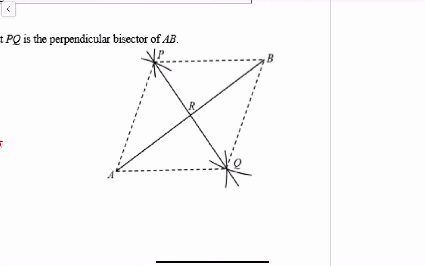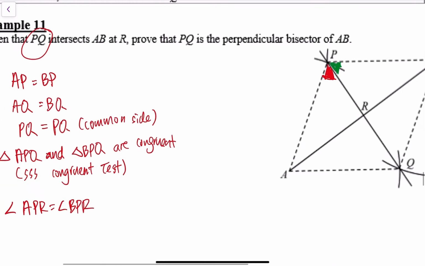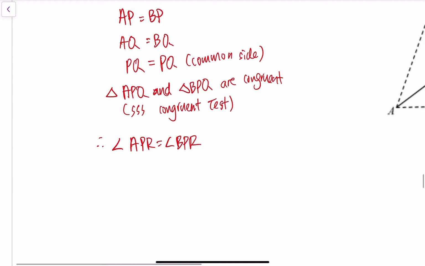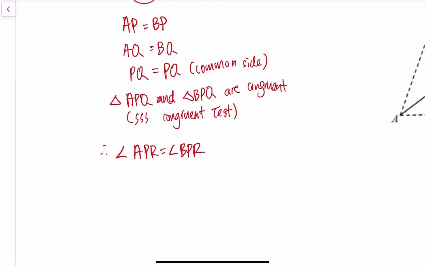Angle APR is equal to angle BPR. These two are equal to each other because they are congruent. Then, having said that they are the same angle, we can also then say that AR is equal to BR.